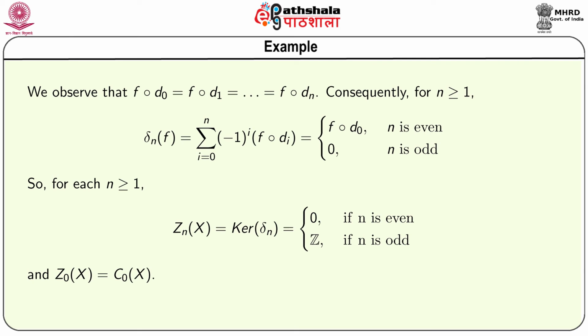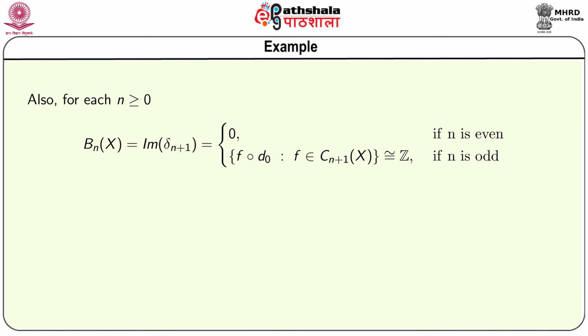So, for each n greater than or equal to 1, we have Z_n(X) as the kernel of delta_n, and that will be equal to 0 if n is even and Z if n is odd. And when n equal to 0, Z_0(X) is C_0(X).